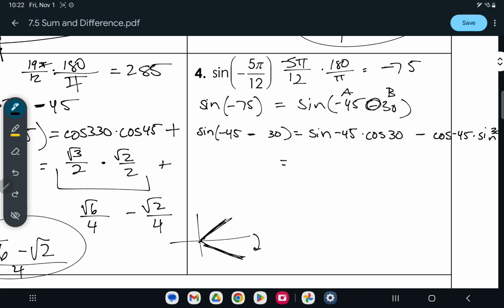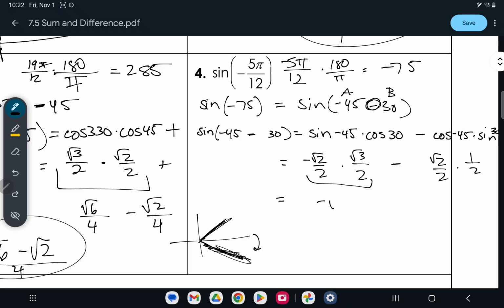So it's here. So sine of negative 45 is negative root 2 over 2. And then cosine of 30 is root 3 over 2. Cosine of negative 45 is root 2 over 2. And sine of 30 is 1/2.